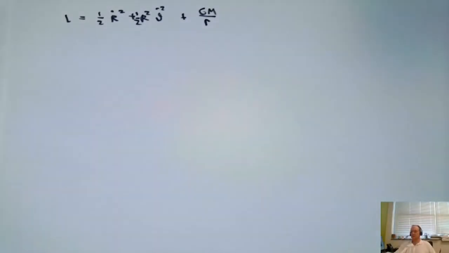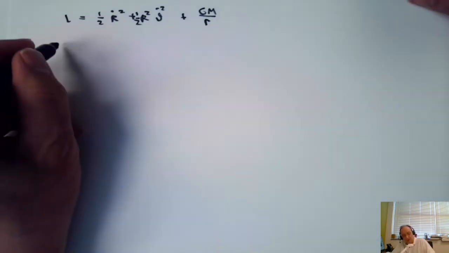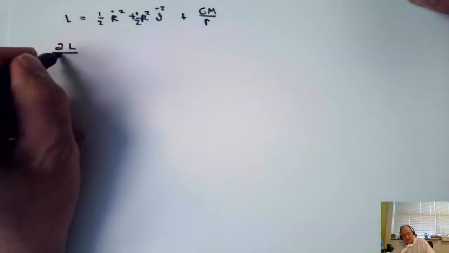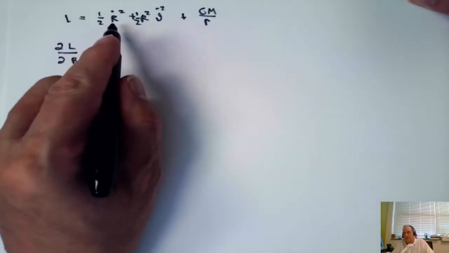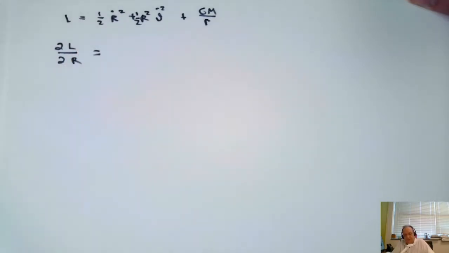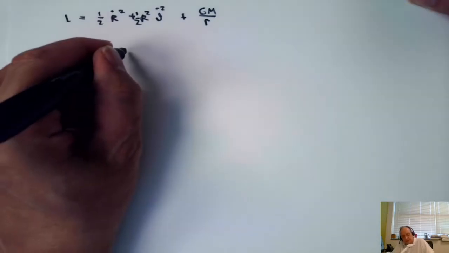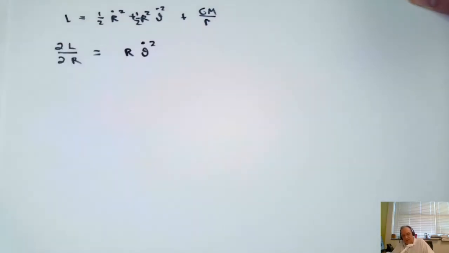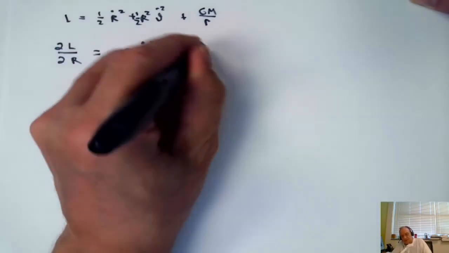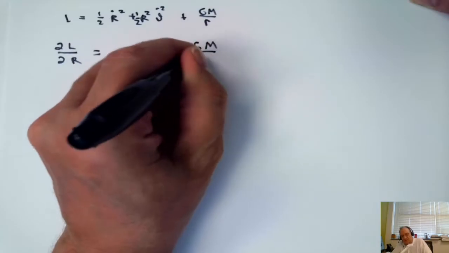The other Euler-Lagrange equation, the one for the r, will be calculated in a similar way, but it's going to be more complicated. Partial of L with respect to r: no r there, 1/2 times 2 times r times theta dot squared, that's going to be r times theta dot squared minus GM over r squared.